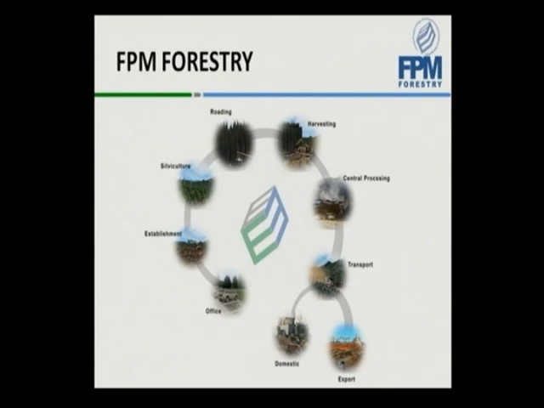All operations relating to establishment, so land preparation as well as fertiliser, both pre and post plant applications, silviculture, roading operations, harvesting, central processing where applicable, transport to both domestic and export markets.